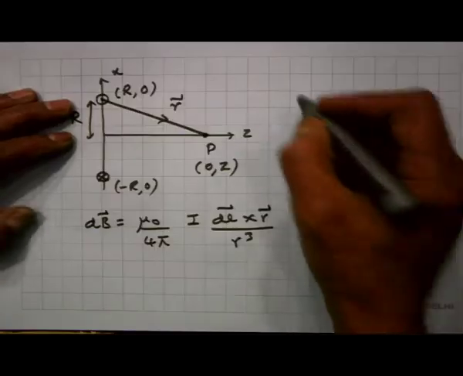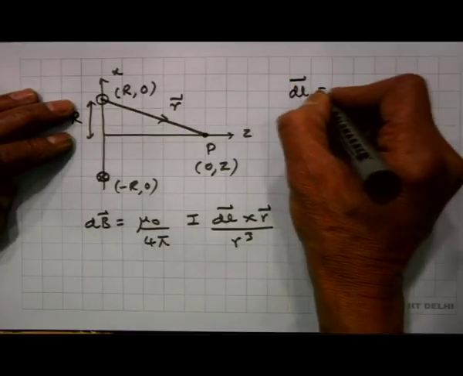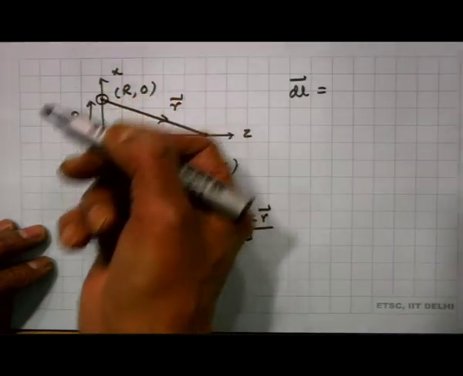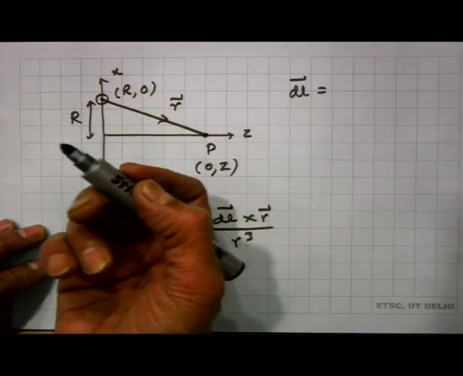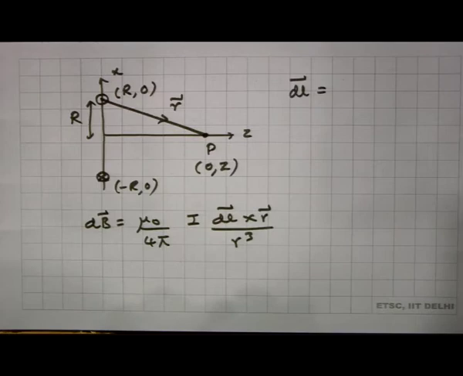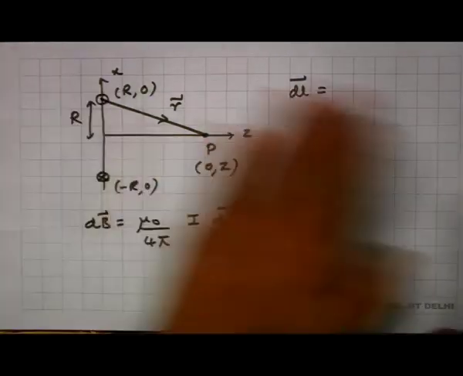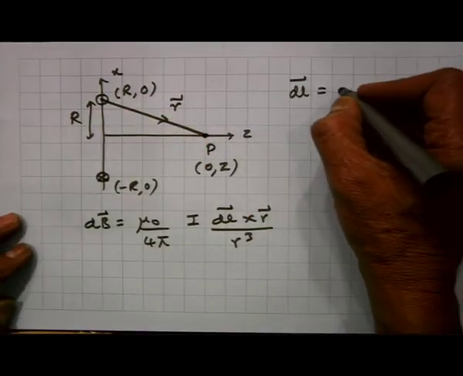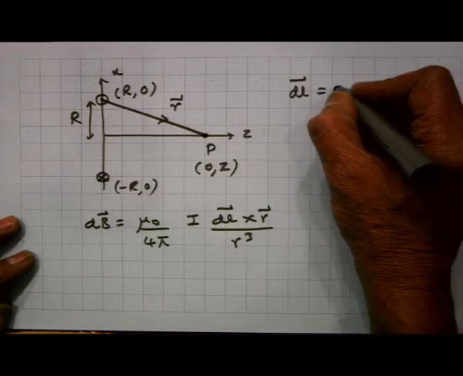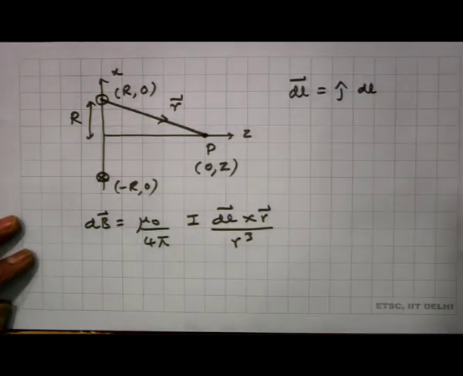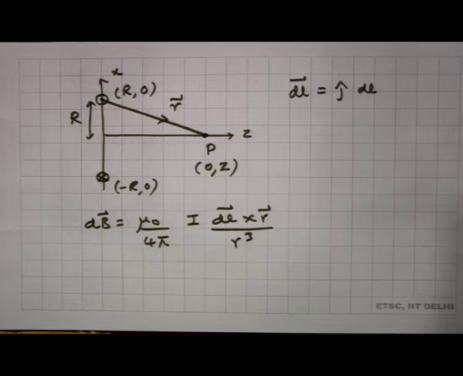Now, for this, what is the dl vector? The dl vector, remember, is pointing along the y direction. The y direction is coming out of the plane of the paper, and so the dl vector will be j cap dl, a small element, and j cap because it is along the y direction.